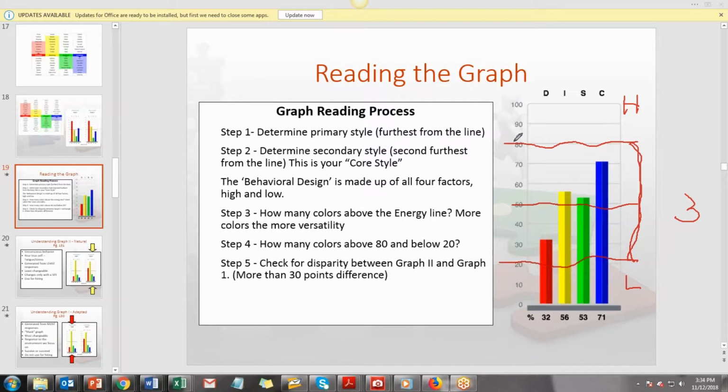So let me repeat that. Anything above 80, for example, if this person has a 90 D score, it means that problem solving side is going to be much stronger, much more noticeable than, say, in this case, this person whose I score is 56.